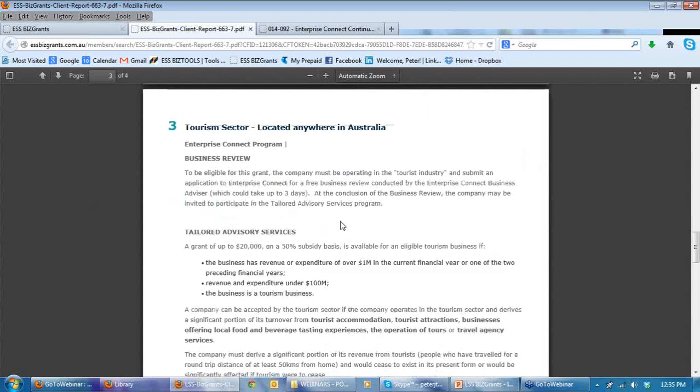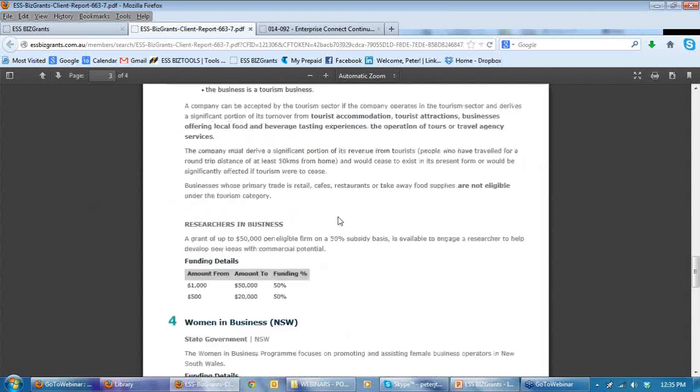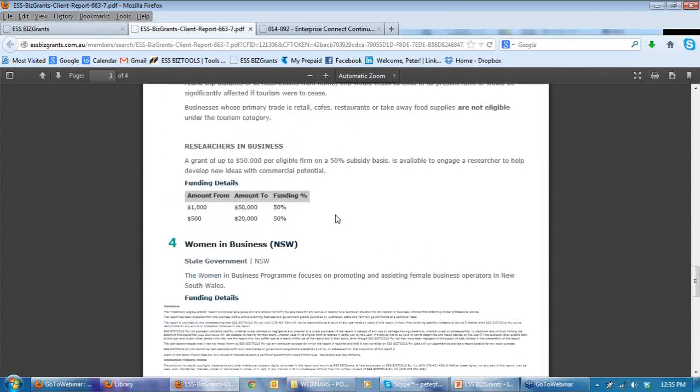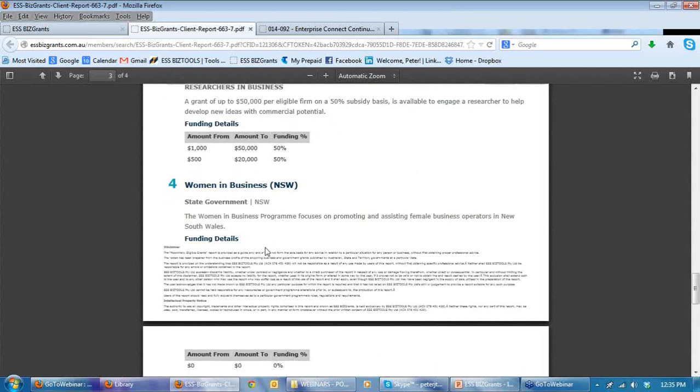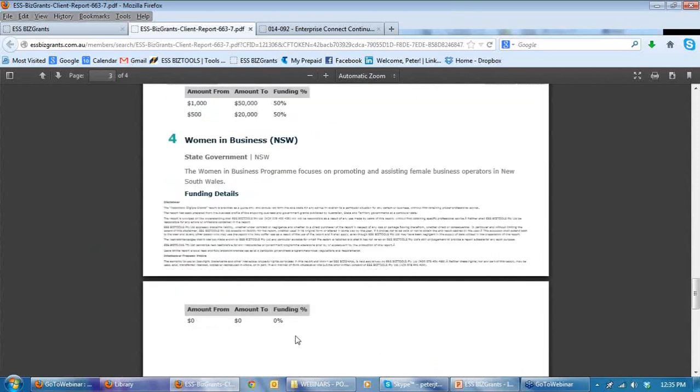So the company could have a look at that. And the New South Wales government has a grant for women in business to undertake some training. So we indicated that a lady was running this business, so you could see that that grant would come up, and whilst there's no direct grant, there's an invitation to some specific training that's available.